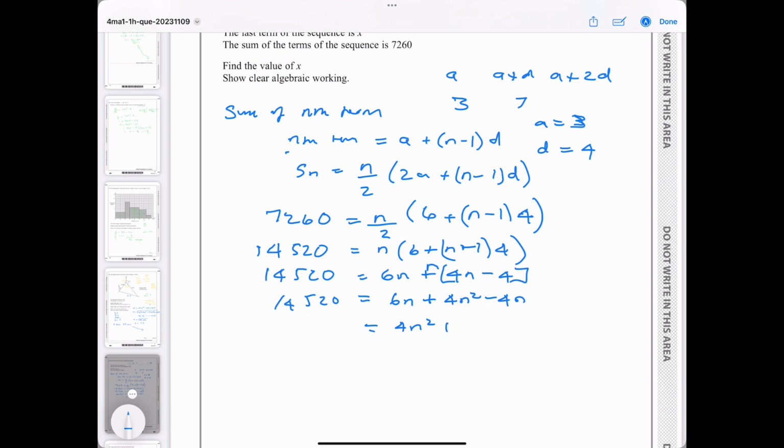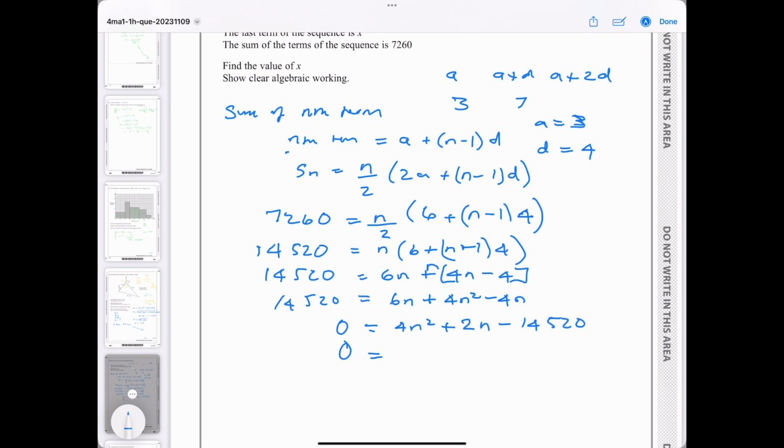So that would equal 4n squared plus 2n, minus 14,520, equals 0, and then we can divide through by 4 presumably.